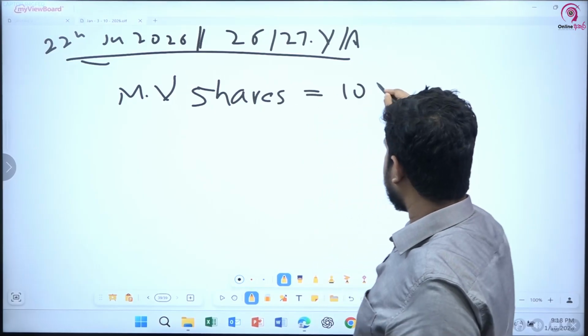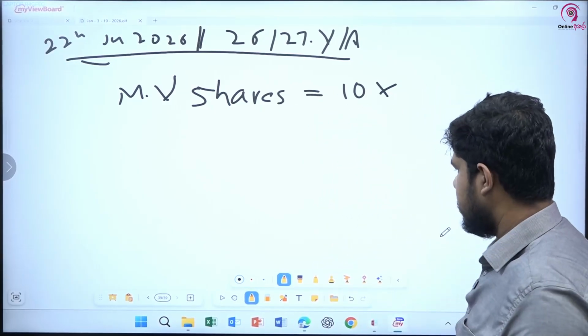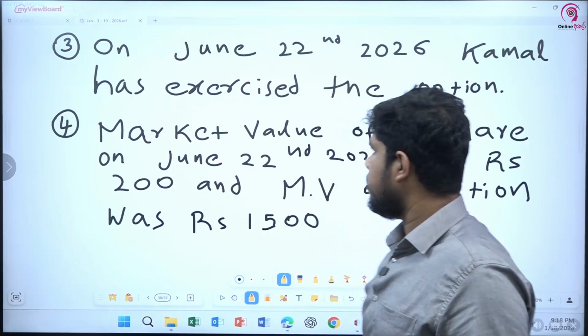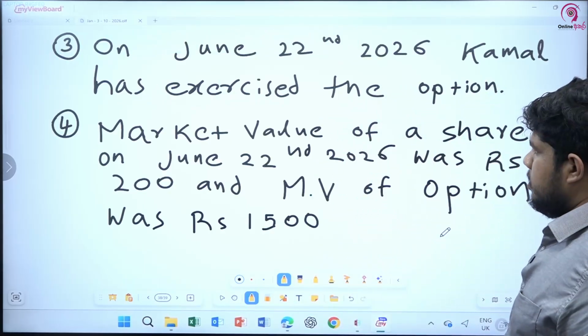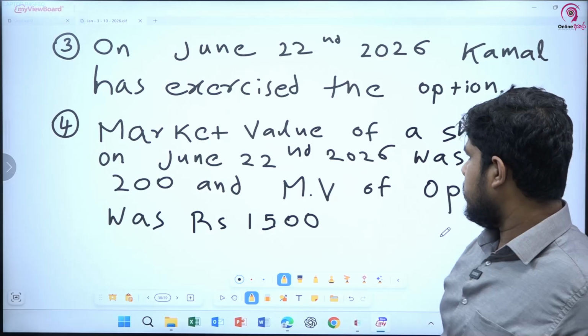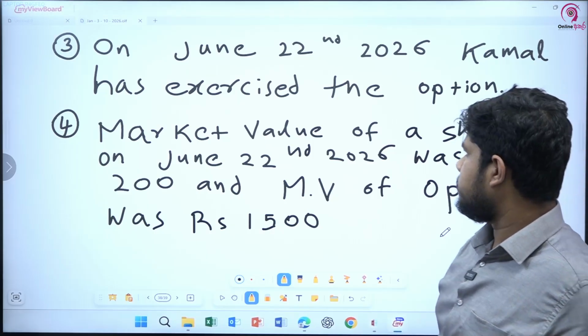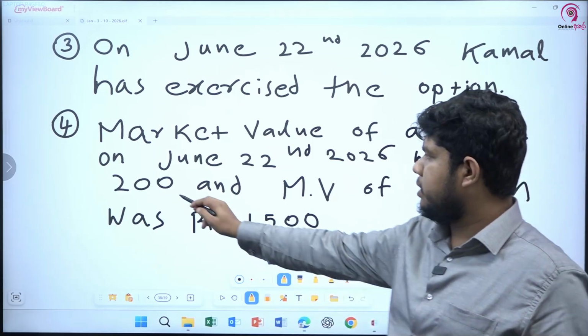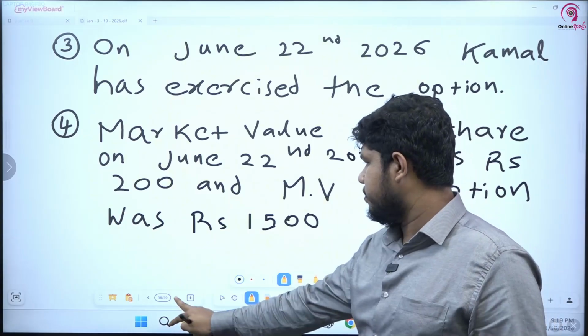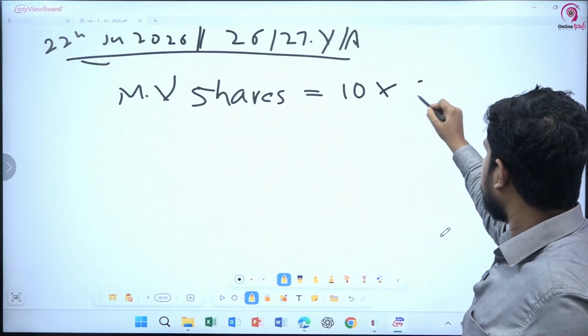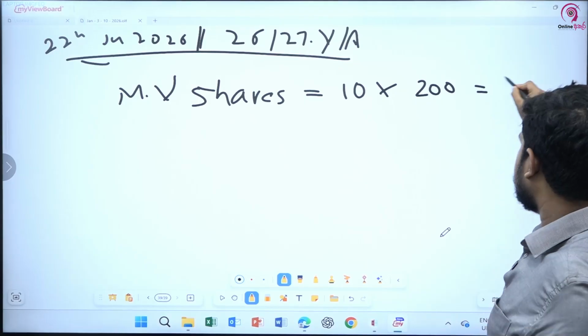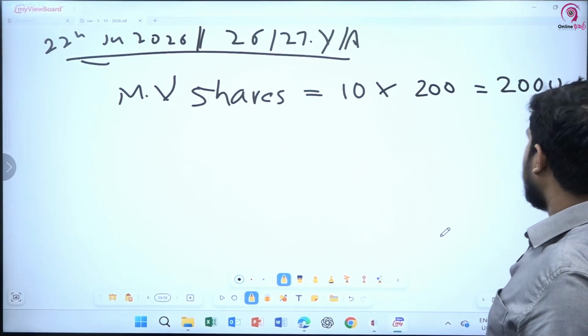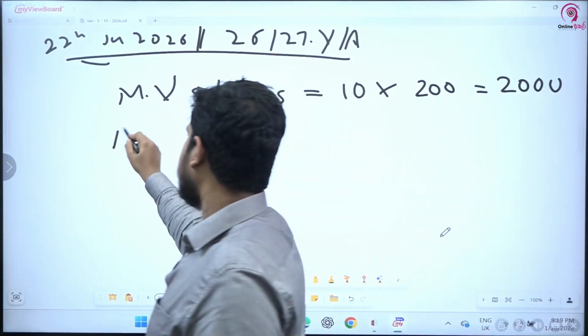So 10 into 200. Now the market value is 200, right? 10 into 200, so 2000. And what is the cost? Employee contribution.